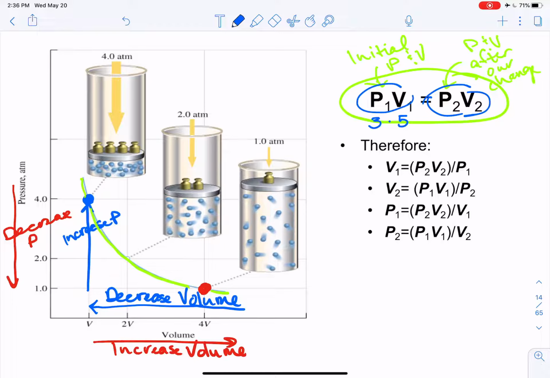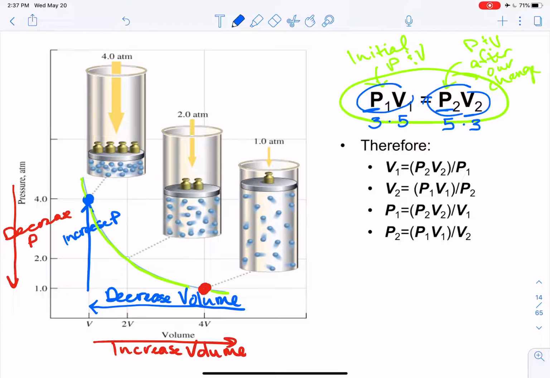So if you change your volume from 5 to 3, so say you compress your volume from 5 liters to 3 liters, your pressure is going to need to do what if you squish your gas? Your pressure is going to need to increase. And since both sides of the equation need to equal each other, the pressure is going to change to 5. So you're going to have 15 on each side of the equation.